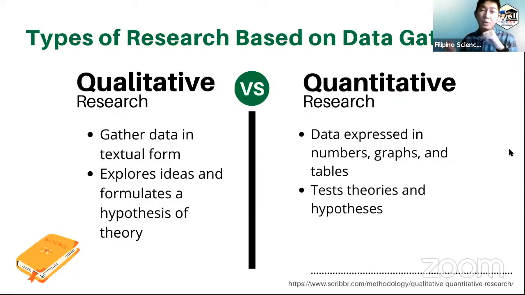And you can tell that a research would be qualitative or quantitative depending on the treatment. So if you're trying to explore or develop a theory, that's in the realm of qualitative research. While on the other hand, if you're trying to test that theory or hypothesis, then you will move towards quantitative research.